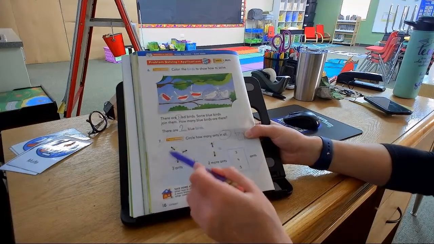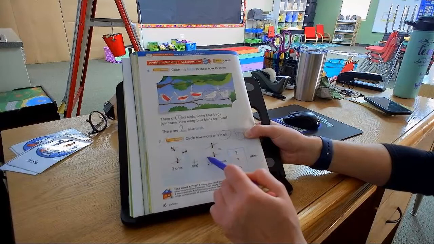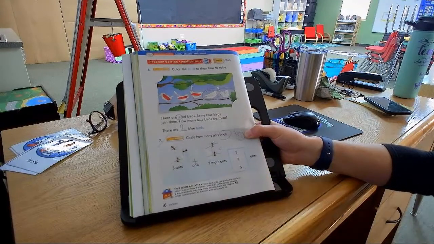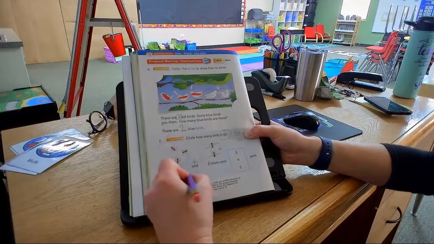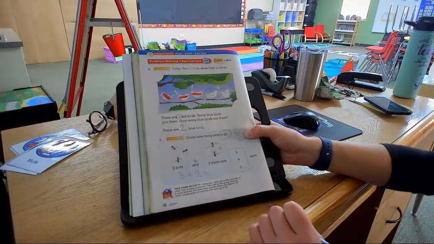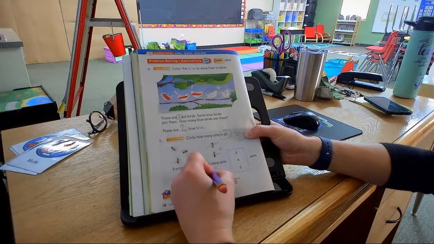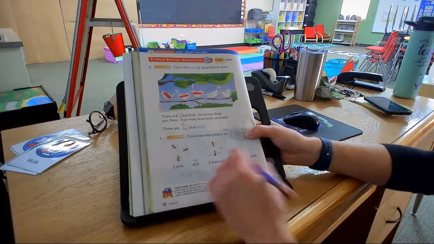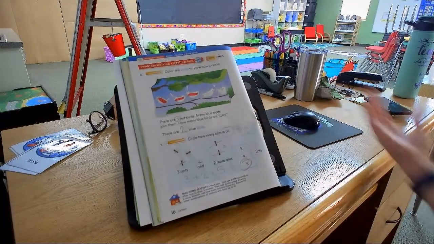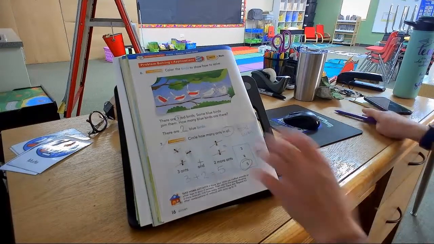Plus 2 more. 3, 4, 5. Choose the right answer. 3 plus 2 equals, good job, 5. So then you circle the 5. Awesome. That's what we did today during class.